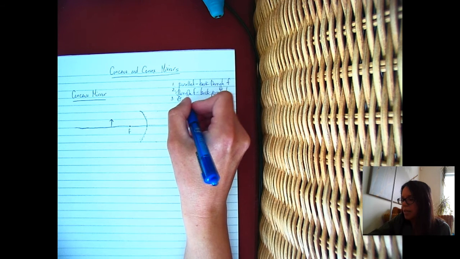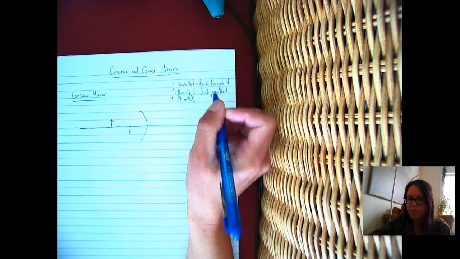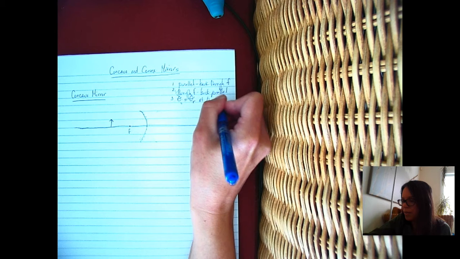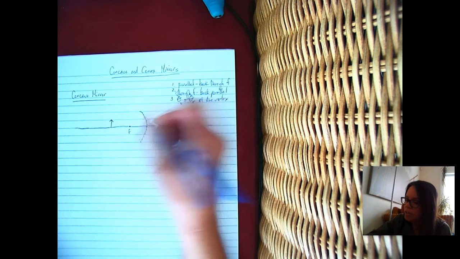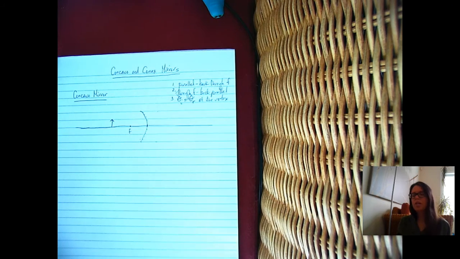The angle of incidence equals the angle, little r for reflection, at the vertex. And the vertex is right there. Okay, so I'm just going to generally show you how to use that, but I'm going to avoid that one because of the protractor, and I can use the other two to find the image.